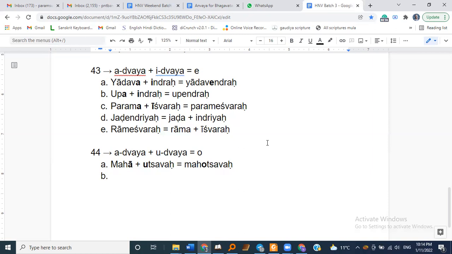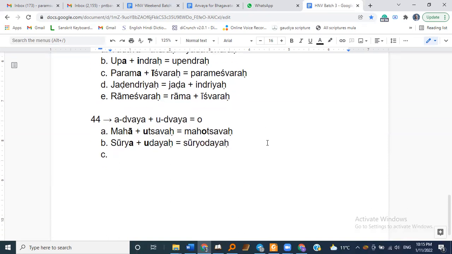Any other examples? Suryodaya. Okay. So the word Surya Yukta Udayaha. Again, one of the Advayas followed by Udvaya. So we get Suryodayaha. Unnatojjvala. Unnata, right.